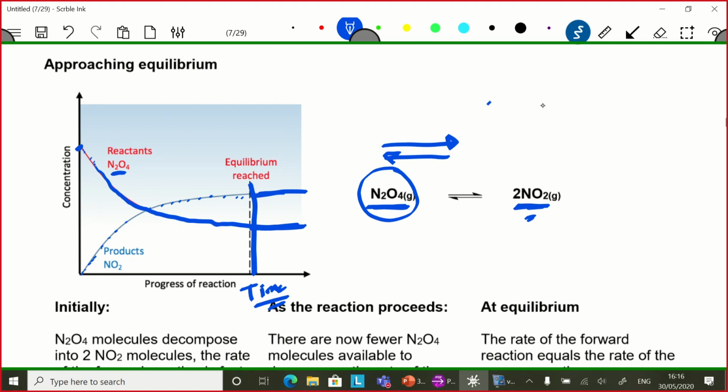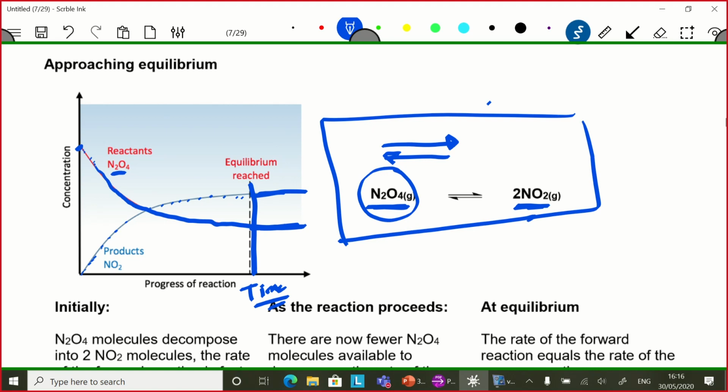So let's say you've reached this. This happened at a temperature equal to 25 degrees C, and at a specific pressure of 100 kilopascal, and at a concentration of 1 mole per dm^-3.